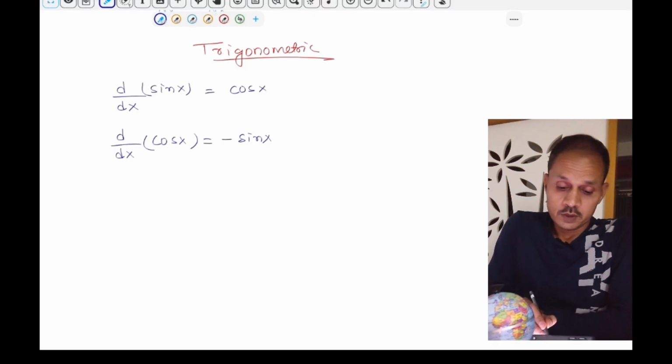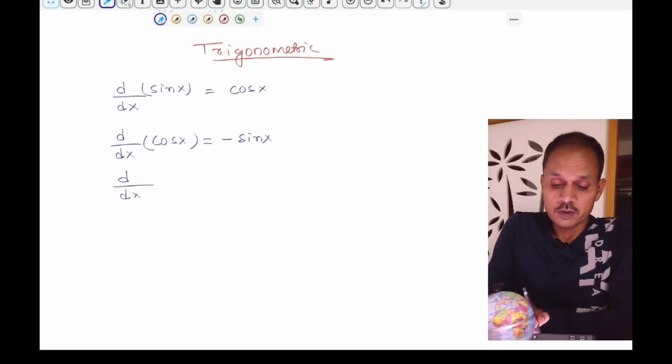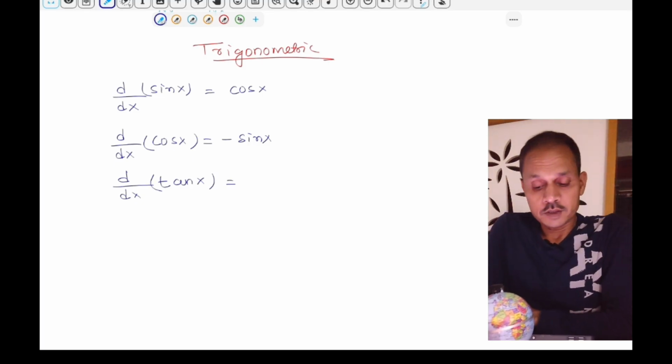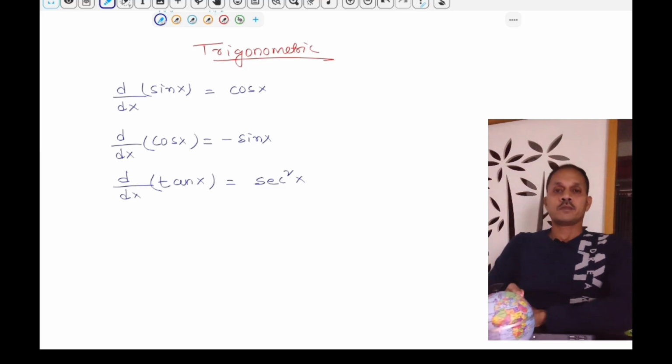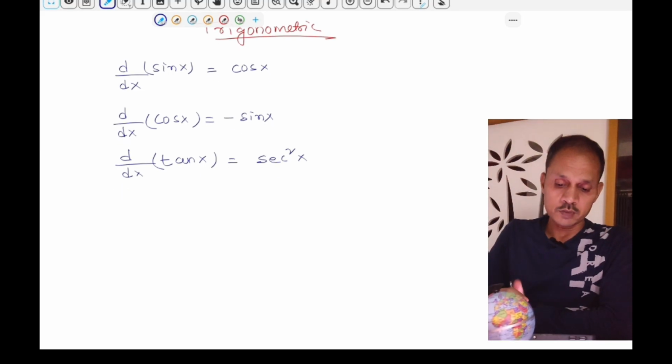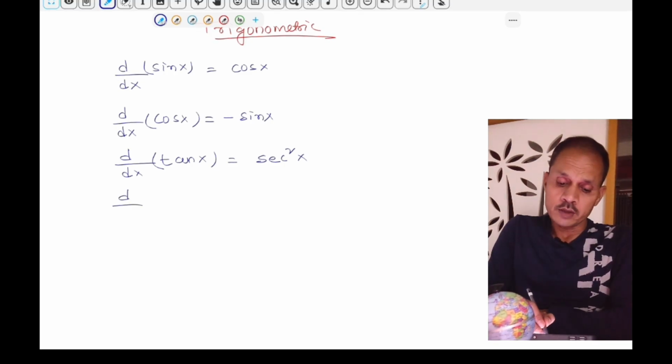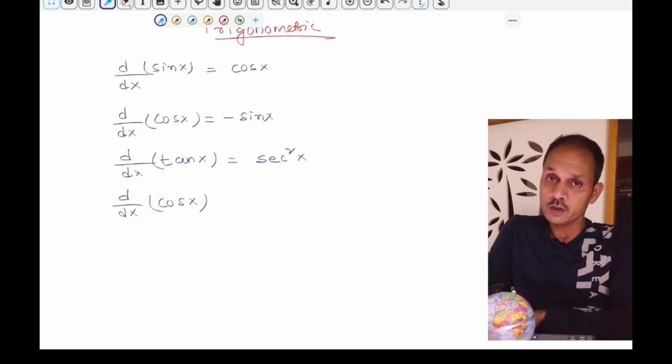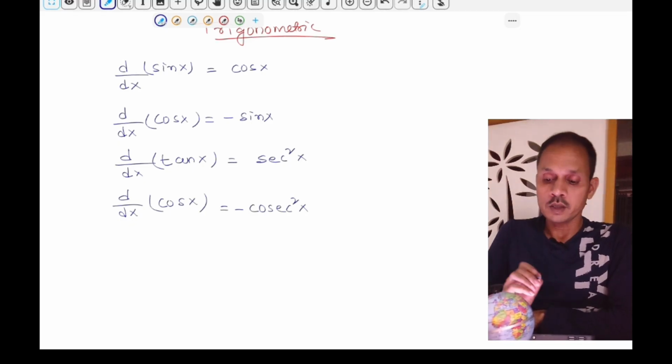Then d by dx of tan x, the result is secant square x. So these are some important equations. Similarly, d by dx of cot x is minus cosecant square x.